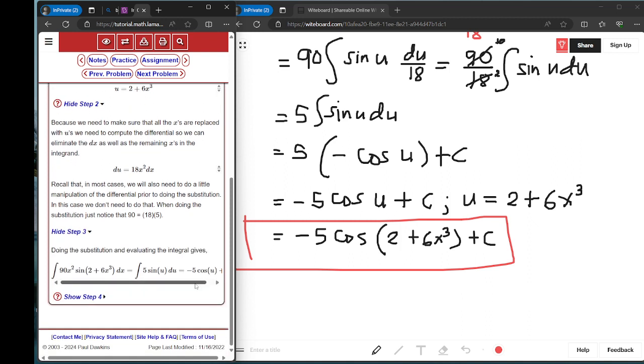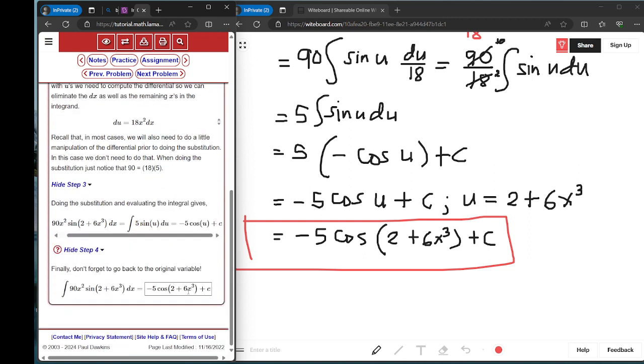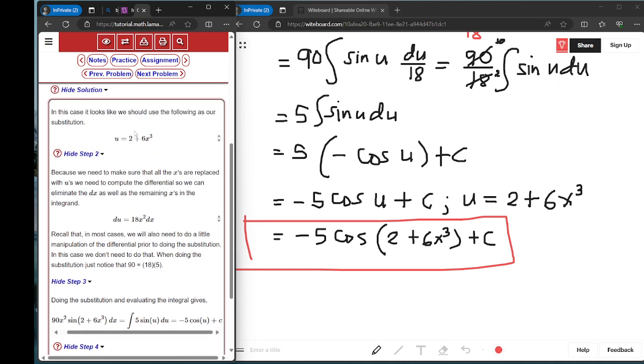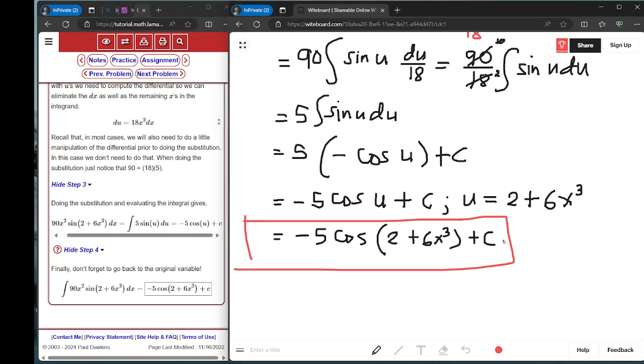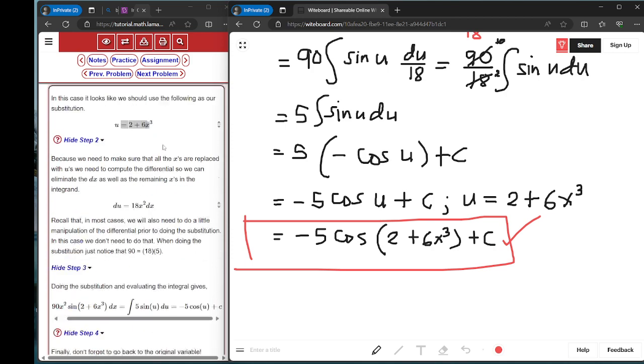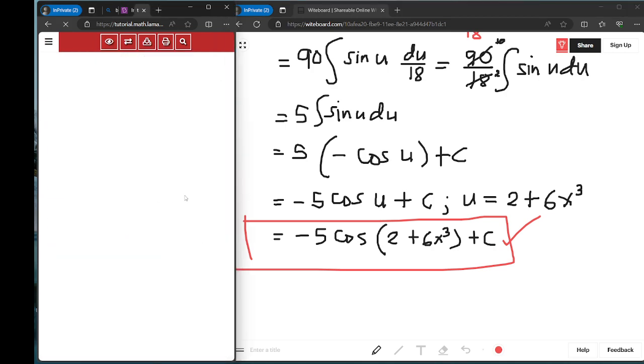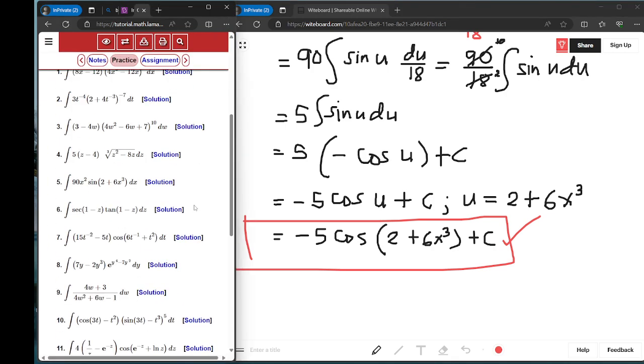Then the third step is get the integral of 5 sine u du, which is negative 5 cosine of u plus c, and substitute back the value of our u, which is 2 plus 6x cubed. So the final answer is negative 5 cosine 2 plus 6x cubed. And this is correct. So that's how we solve using u substitution.